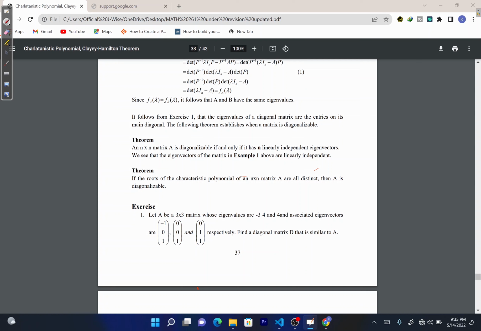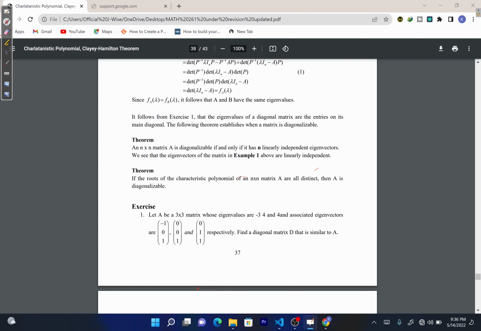An n by n matrix A is diagonalizable if and only if it has n linearly independent eigenvectors. So when you have a matrix such that the eigenvectors of that matrix are linearly independent, then we say that matrix is diagonalizable.